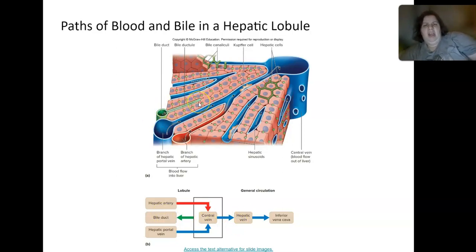Then the bile ductule and bile, your Kupffer cells, your hepatic cells, your central vein, your blood flow out of the liver, your blood flow into your liver right here, and then your sinusoids.